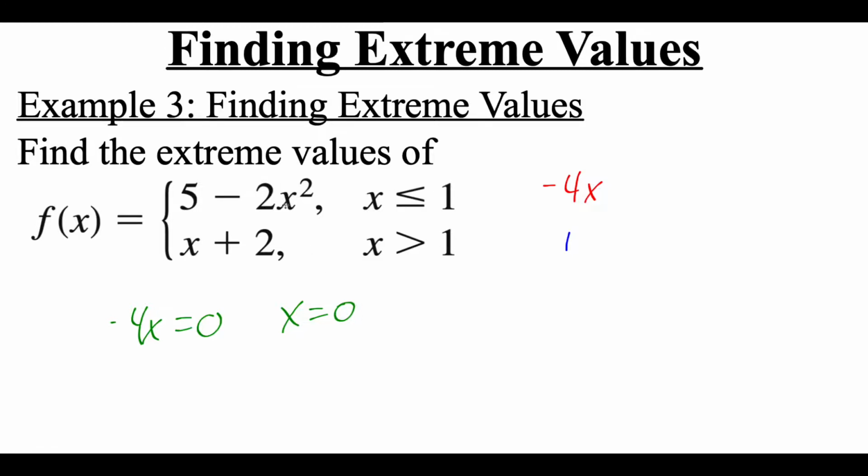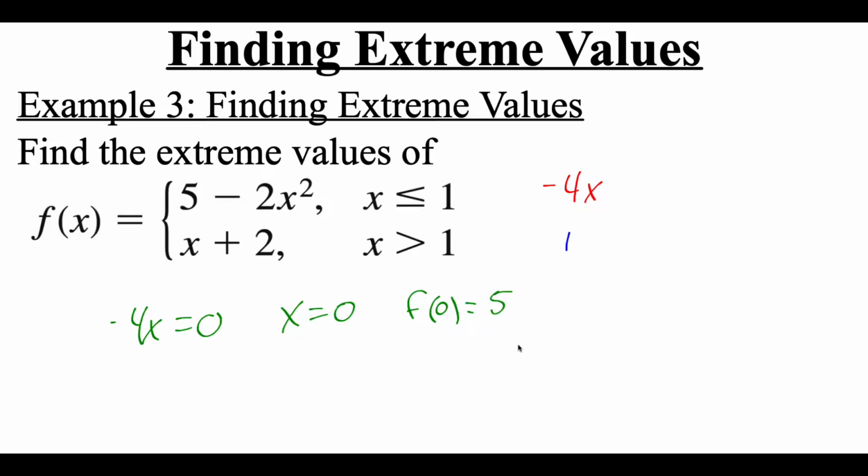So if I plug 0 into that first piece of my piecewise function, I'll end up getting a y value, f of 0 is going to be 5. Now, I'm not going to worry about setting the 1 equal to 0. That wouldn't mathematically make any sense for us to do, since 1 can't equal 0. So we're not going to get any critical points from that second piece of our function.